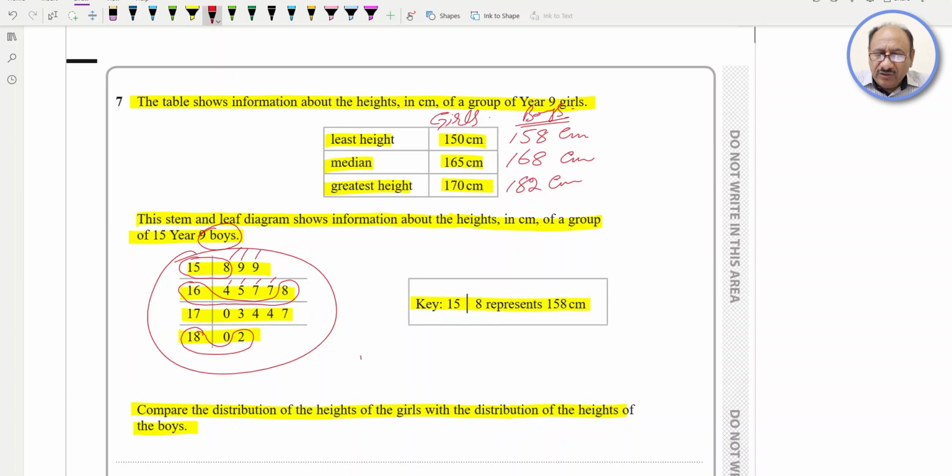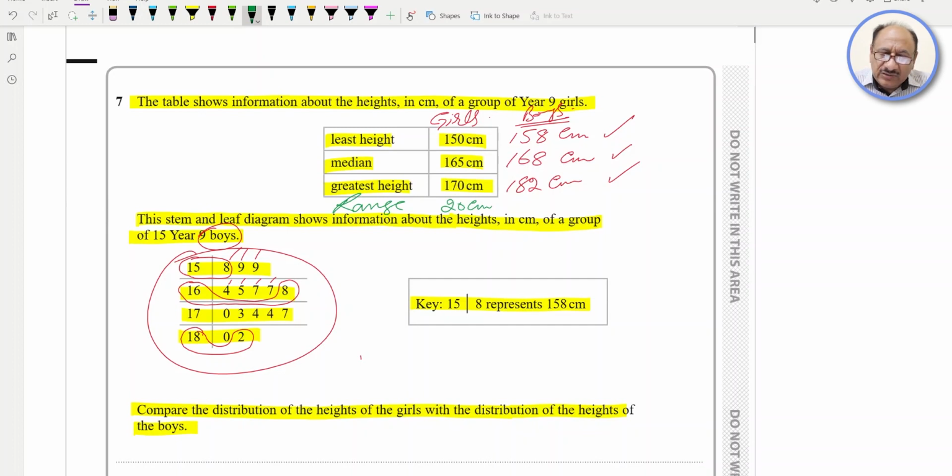Now we have written the details for boys also and girls also, and we can compare. One more thing we will have to write over here, and that we can compare as a range, and range means maximum minus minimum. So in case of girls, 170 minus 150 will be 20 centimeters, the range in case of girls.